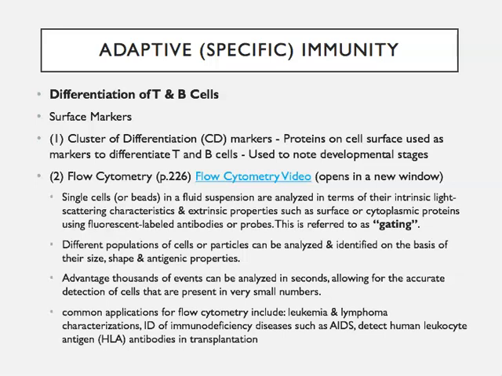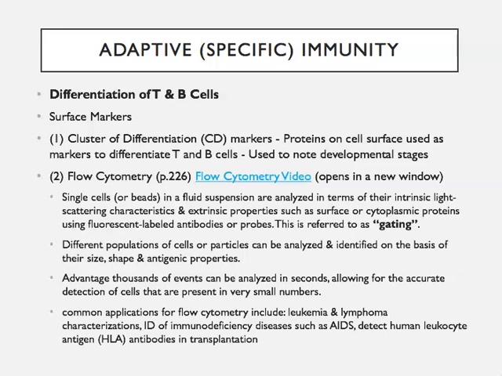Some of the more common applications for flow cytometry are characterization or differentiation of leukemias and lymphomas, identification of immunodeficiency diseases such as AIDS, and detecting human leukocyte antigens, or HLA antibodies, in transplant patients, which we're going to talk about more later. The major components of a flow cytometer include the fluidics system, the laser light source, the optics, and the photodetectors. Then data analysis occurs by a computer that's connected to it.